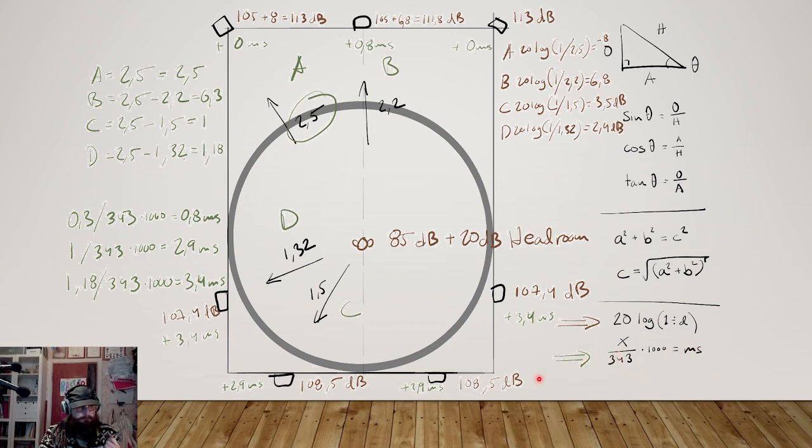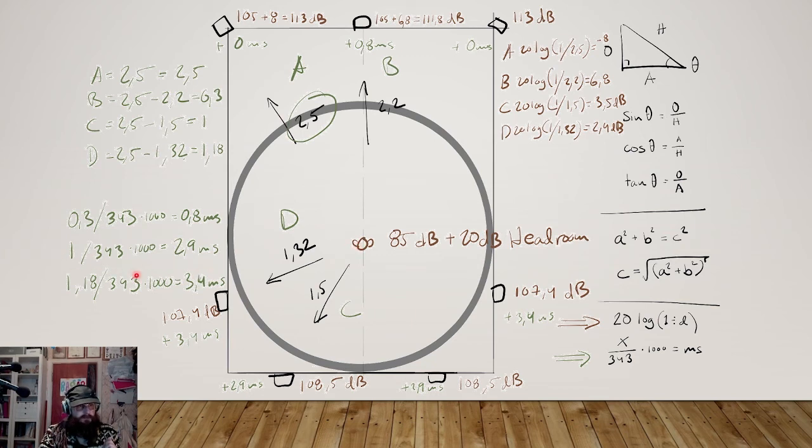So let's do that. 0.3 divided by 343 times 1000 is 0.8 millisecond. So basically what that number means is that this speaker here must start 0.8 millisecond later than this one to get the sound reaching our ears at the same time at a constant speed.